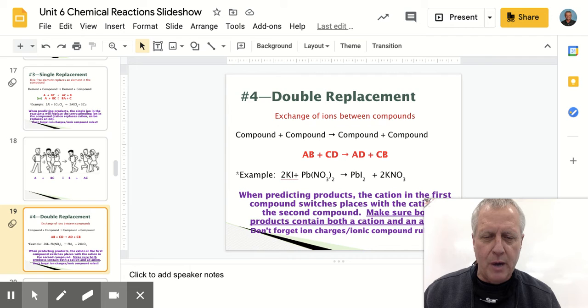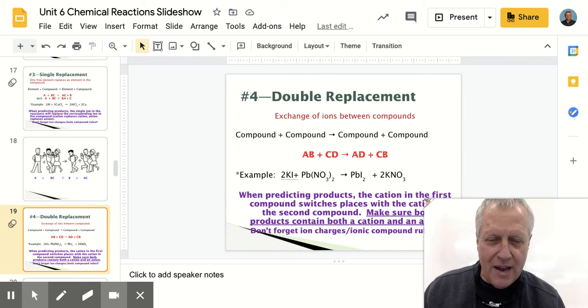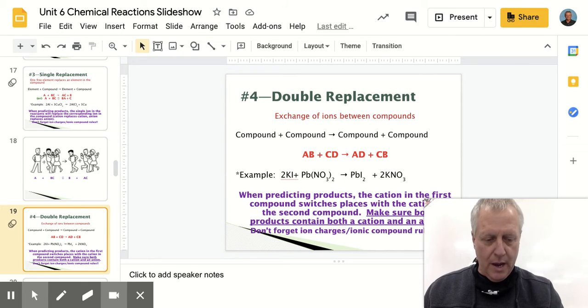And notice then in the product, the potassium has combined with the nitrate. And so, in the reaction of potassium chloride and lead nitrate, one of the products becomes potassium nitrate, and the other product is lead iodide, looks like. Okay, so that's double replacement.